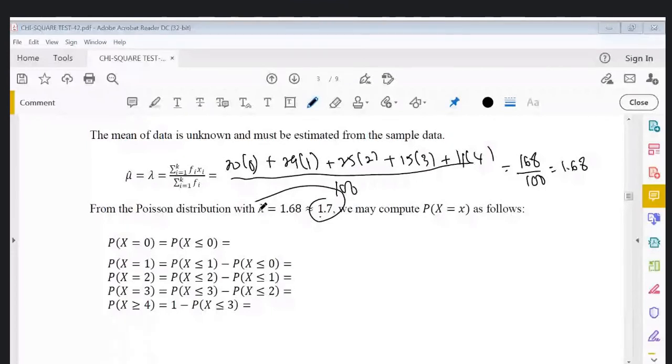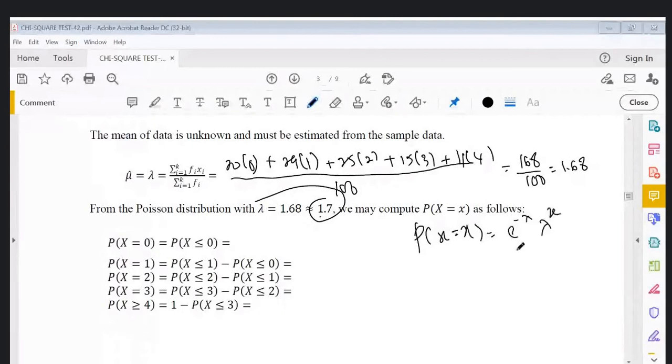Kalau tak ada buku sipir, awak boleh gunakan formula: P(X = x) is equal to e to the power minus lambda, lambda to the power x, divided by x factorial.